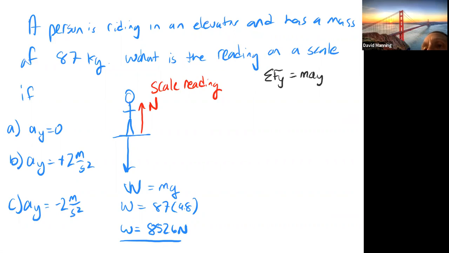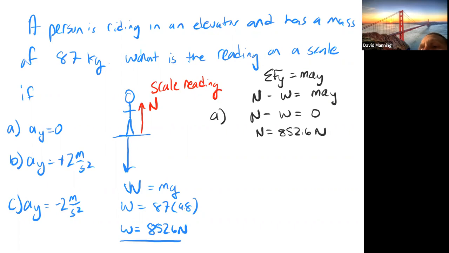We have two forces in every scenario. N minus W equals may. In the first scenario, part A, ay equals 0. So we have N minus W equals 0. N is going to equal 852.6 newtons. In the second scenario, now ay is plus 2 meters per second squared.